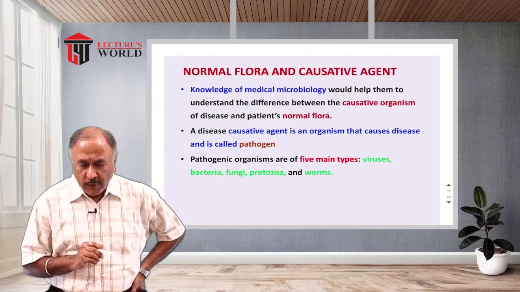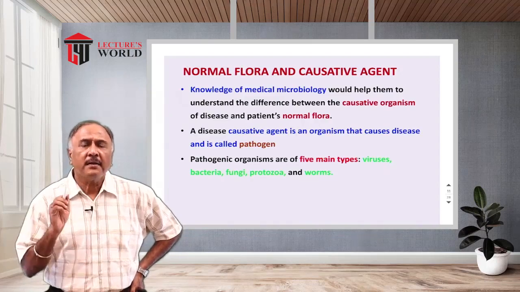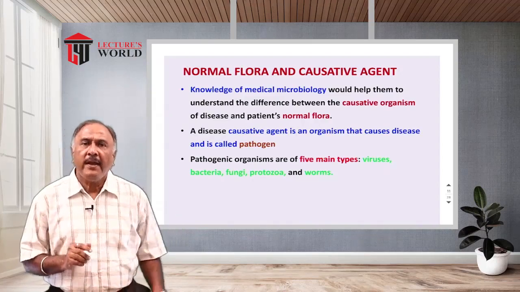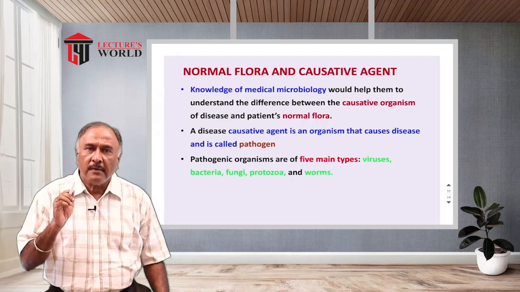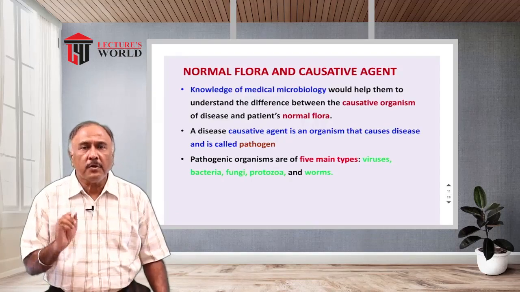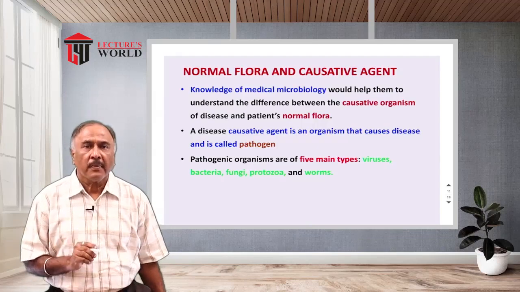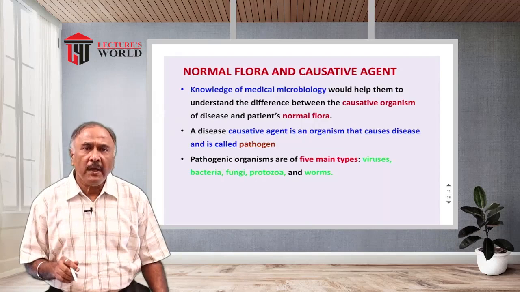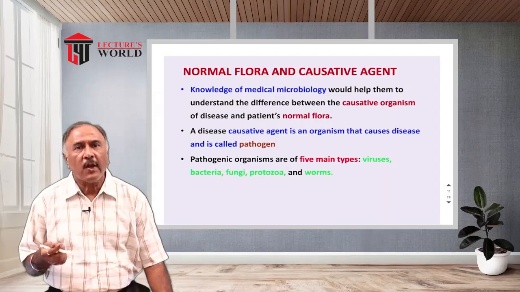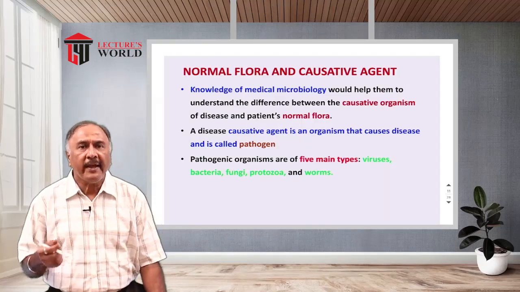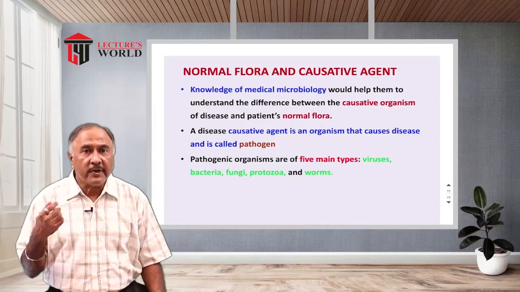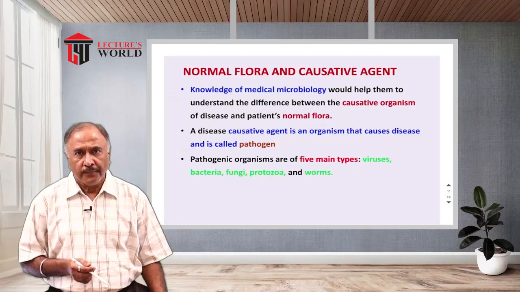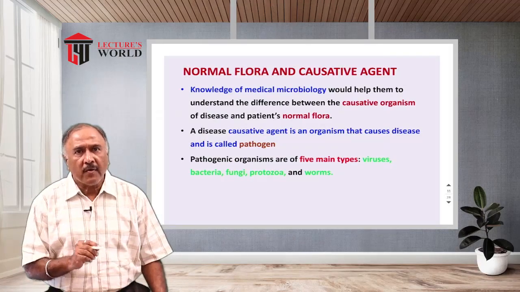So these normal flora are non-pathogenic organisms, and their presence does not harm the body. It does not harm the host. Rather, I would say that in many instances they have been found to play an important role in protecting, or they are beneficial to the host. So that is what we call normal flora.